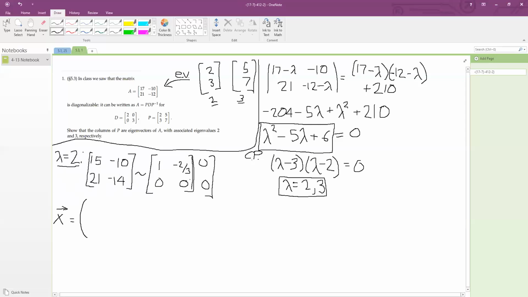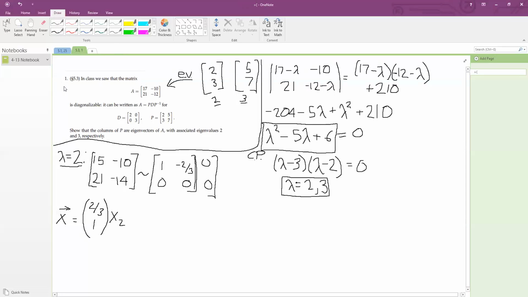If we wanted to write the solution out, we'll end up with a 2/3 for that, and then for x2, because it's a free variable, it'll just be a 1. And then we can rewrite this however we want.